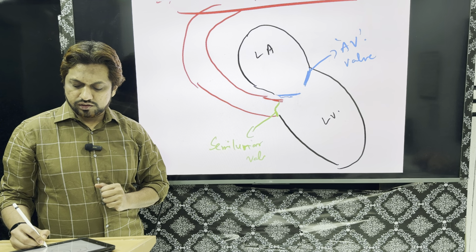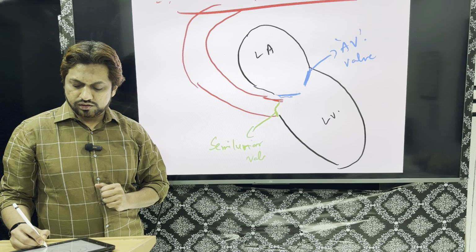In this slow ejection period, the changes you will see are that the atrioventricular valves, from atria to ventricles, are closed. This is the left atrium, this is the left ventricle, and the aorta, the aortic pressure. It will follow the left ventricular pressure.